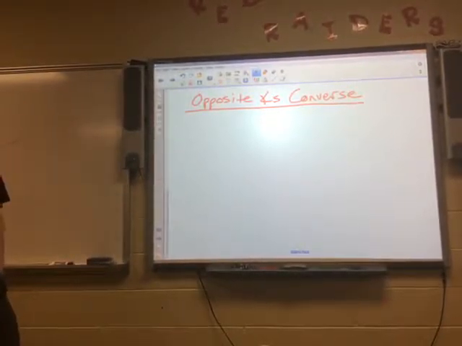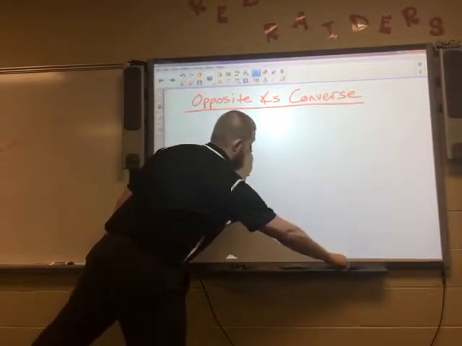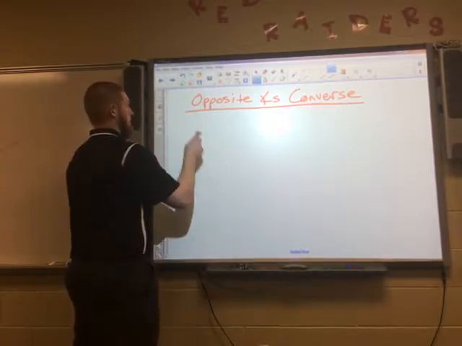Which is going to say what? Well, the original said that if it's a parallelogram, then opposite angles are what? Congruent. So the converse is going to say if the opposite angles are congruent, then it's a parallelogram.